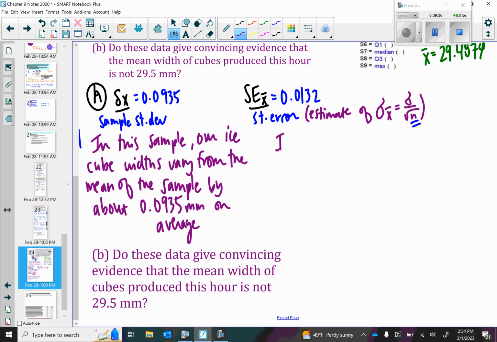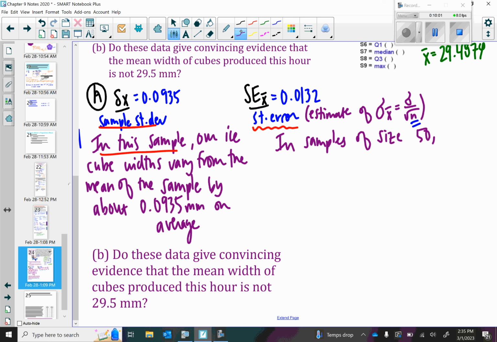In samples of size 50. So notice, I do want to point out, our sample standard deviation is talking about this sample specifically. The standard error is comparing one sample to another sample because it's looking at the sampling distribution.